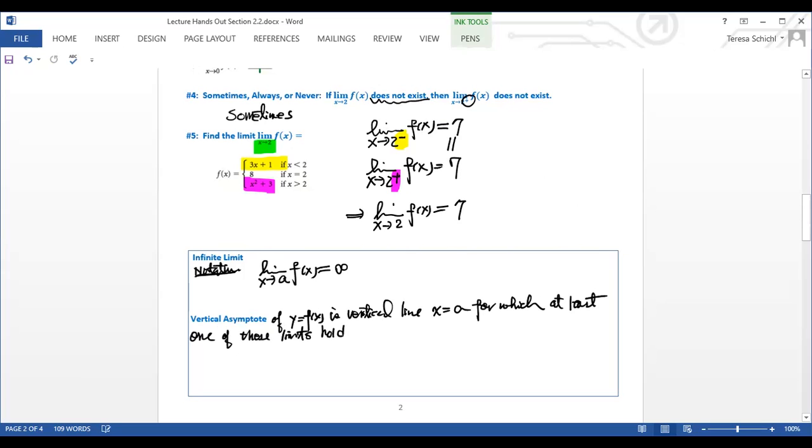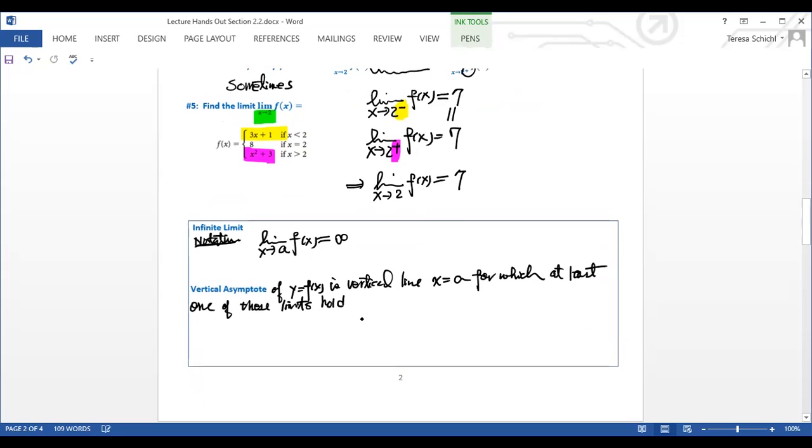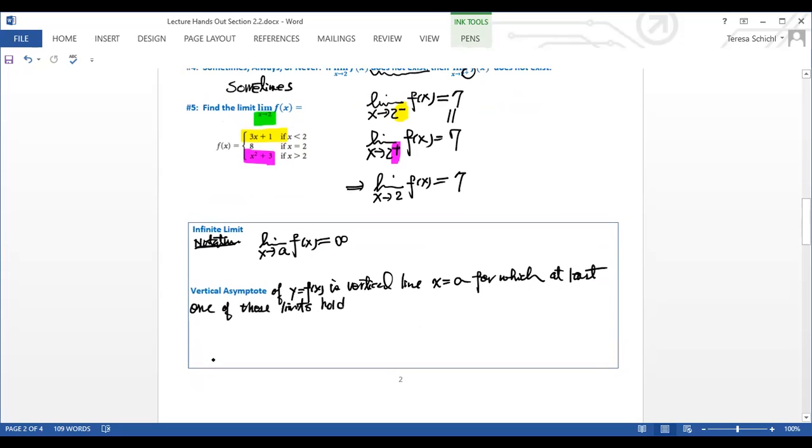Okay, what does that mean? Let me show you a graph here. So for example, this is my first one here, second one, third one, fourth one here.